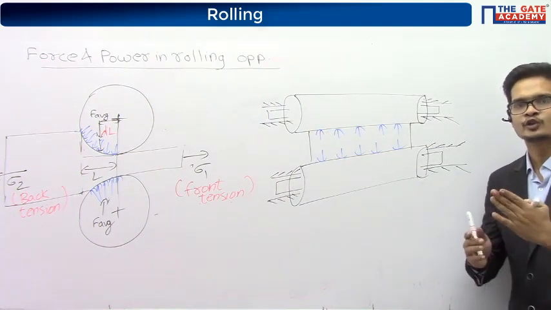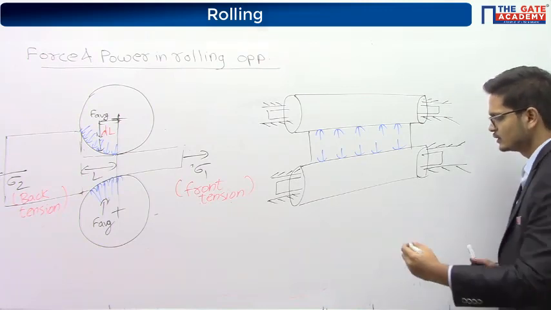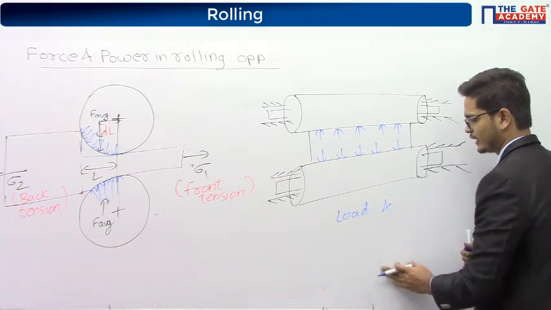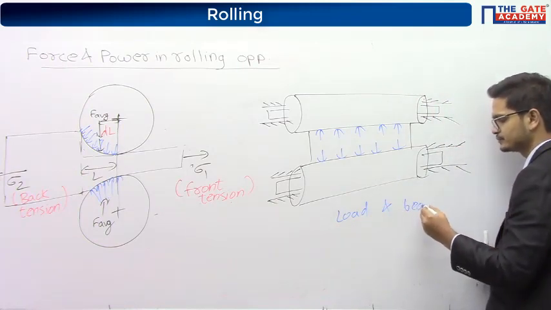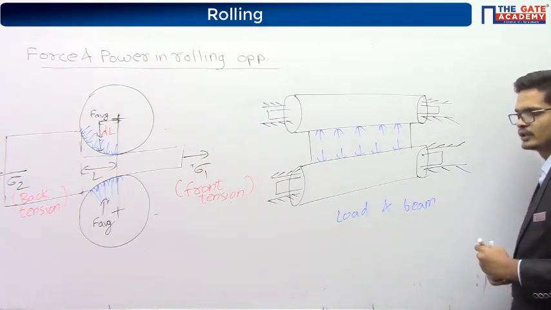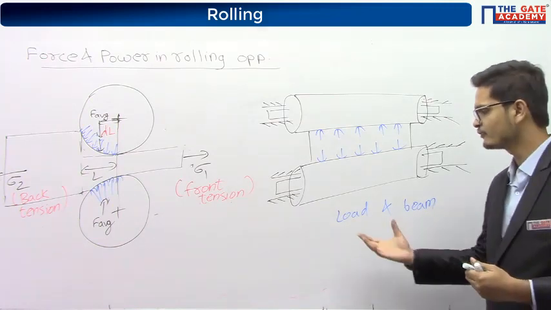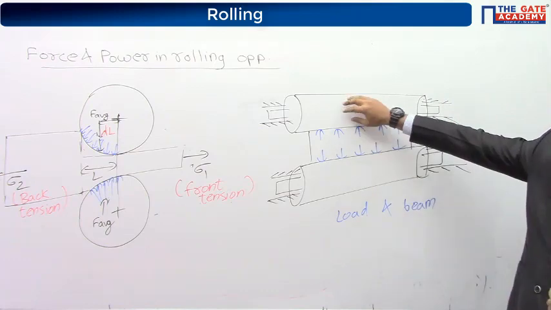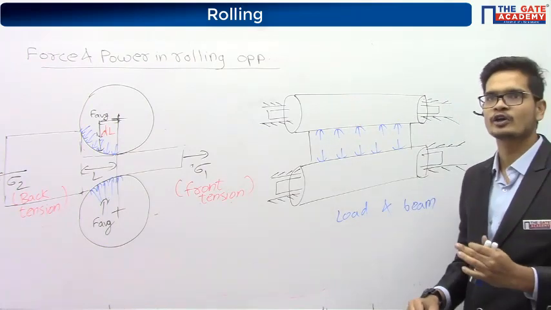So let's go back to the kinds of loads and the kinds of beams. In strength of materials, you might have studied different kinds of loads and different kinds of beams. So here, the rollers are behaving like what kind of beams?